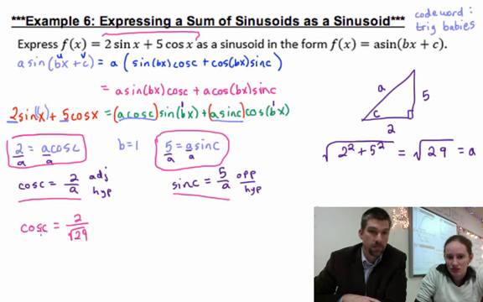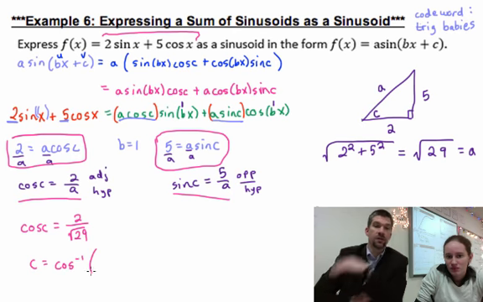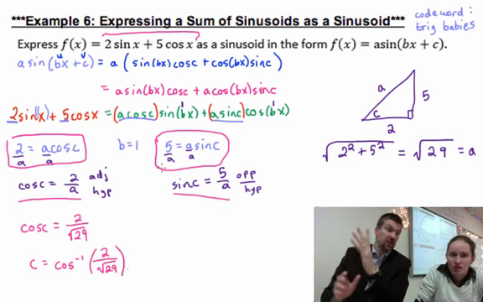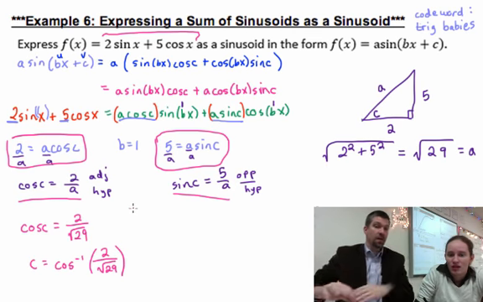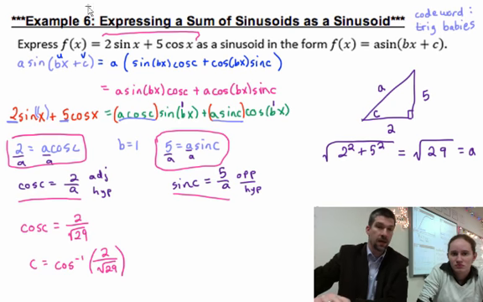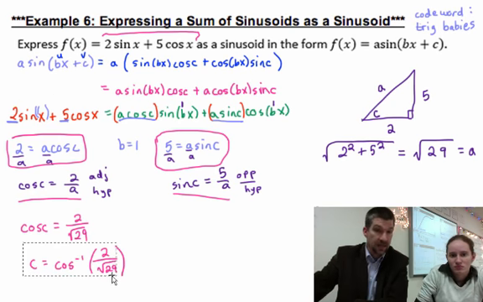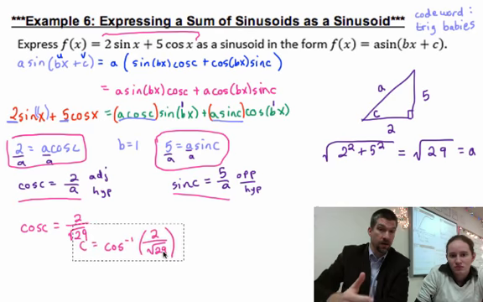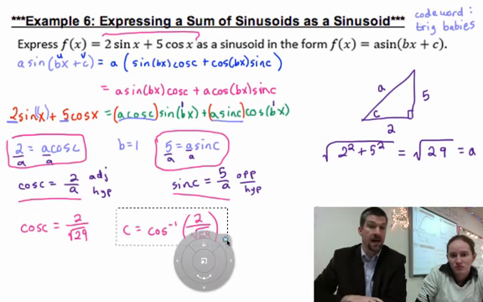And so to solve for C, we do the inverse cosine. As a high school kid, you look at this and go, oh my gosh, that can't be the answer. I need a number. But that's your answer. The arc cosine of 2 over root 29 is what C is. That is an okay thing to have.